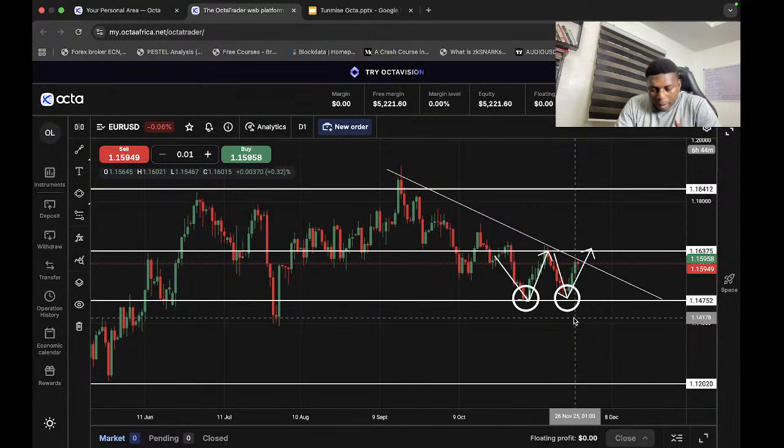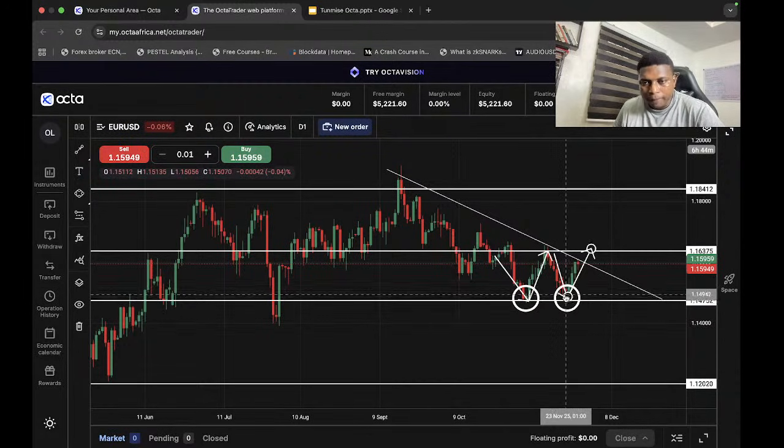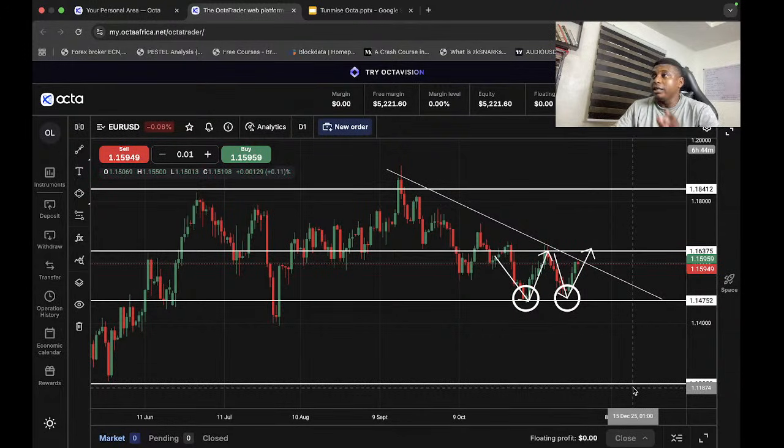Double bottom signals market reversal. So now we've identified a double bottom on the daily time frame.